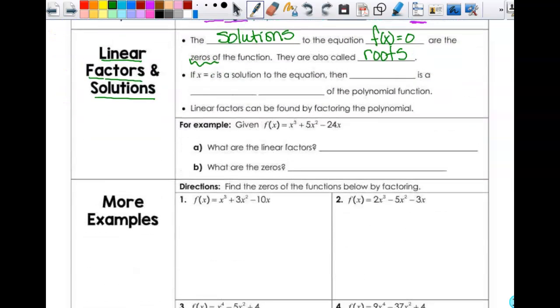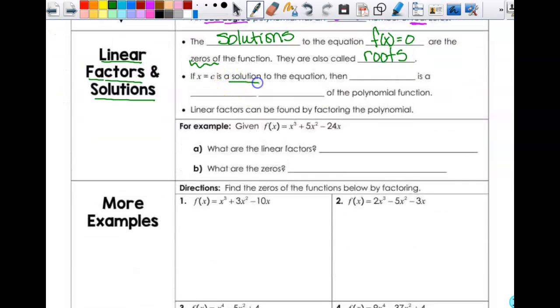If x equals c is a solution to the equation, then x minus c, which most of the times you're going to see in parentheses, but they don't have to be there if it's by itself, is a linear factor of the polynomial function. So if I have x minus 5, I know x equals 5 is one of the solutions.